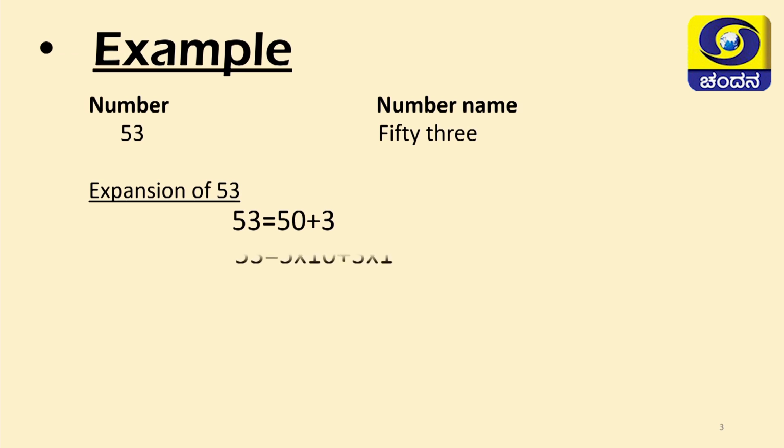How many tens are there in 5? 5 tens. How many ones are there in 3? 3 ones. 5 into 10 plus 3 into 1. 3 is at 1's place. 5 is at 10's place.